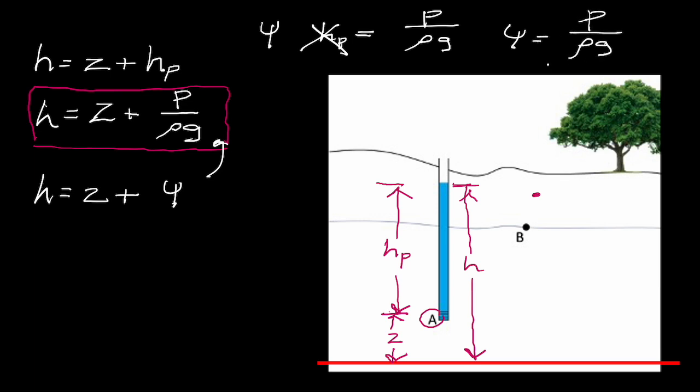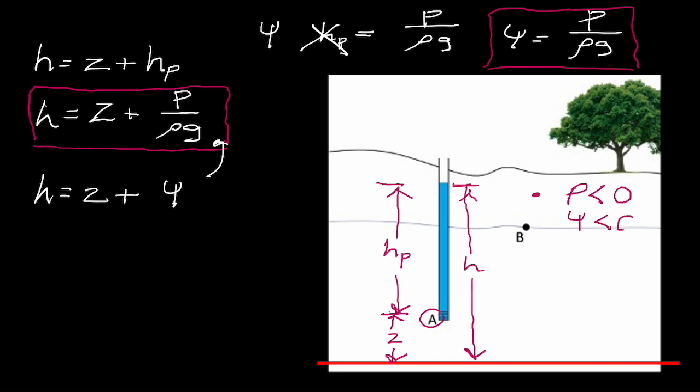Now, the two important differences here in the soil zone are, number one, that the gauge pressure is always going to be less than zero. And so therefore, by this equation here, psi will also be less than zero, right? Since the pressure is less than zero and rho and G are positive, psi will also have to be less than zero.